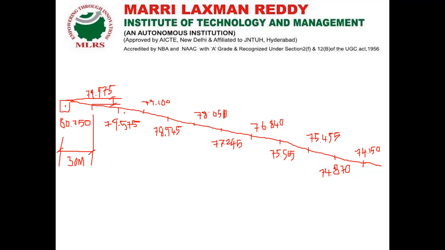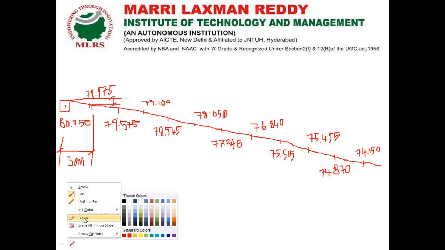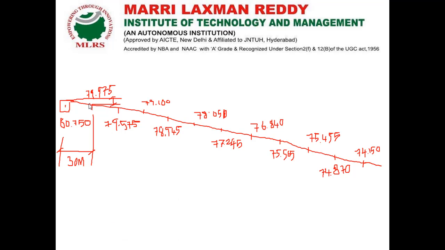For example, we have to go for some rounded value. For example, 80.750 is that, 79.975 is that. In between them we have 80.0, and that we have to find out.